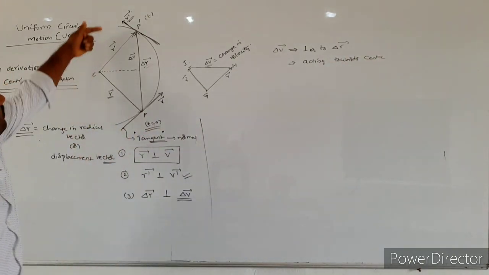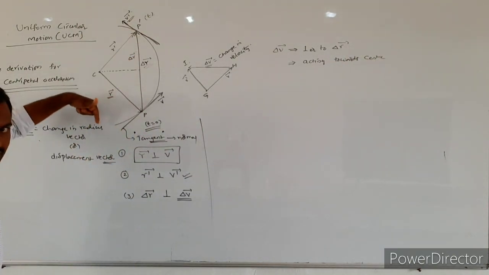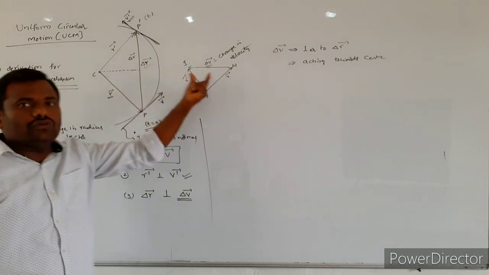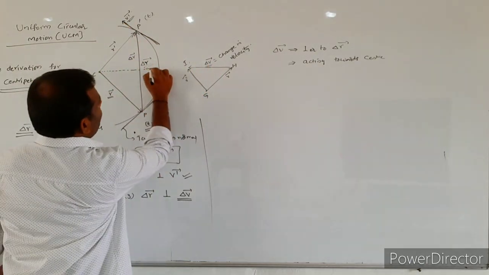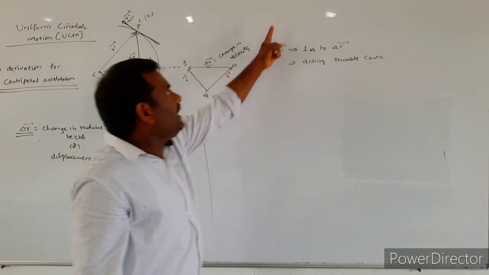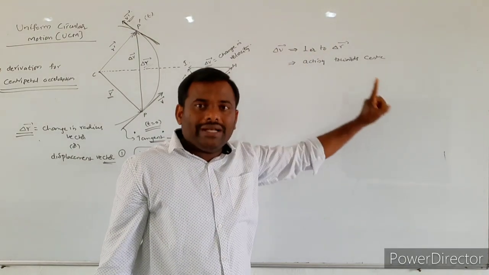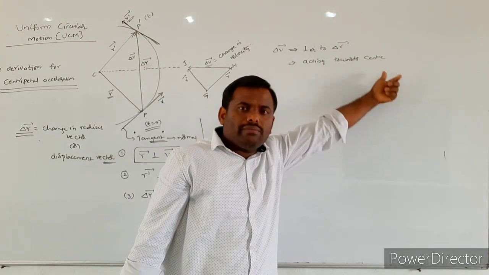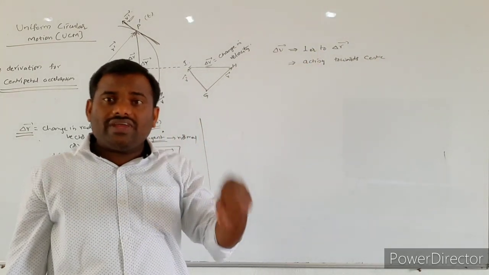If you look at the diagram, this is a circular path. The change in velocity vector will be acting in which direction? Towards the center. Delta V bar will be perpendicular to the position vector delta R bar, and the direction is very, very important.